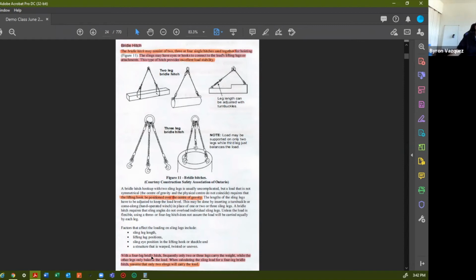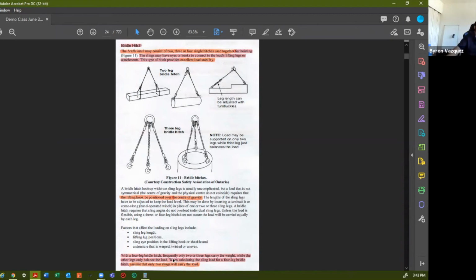With a 4-leg bridle hitch, frequently only 2 or 3 legs carry the weight, while the other legs only balance the load. What they're saying here is, unlike the vertical hitch where the complete load was on the one sling, with this configuration only some of the slings are carrying the load and the others are used for stability.